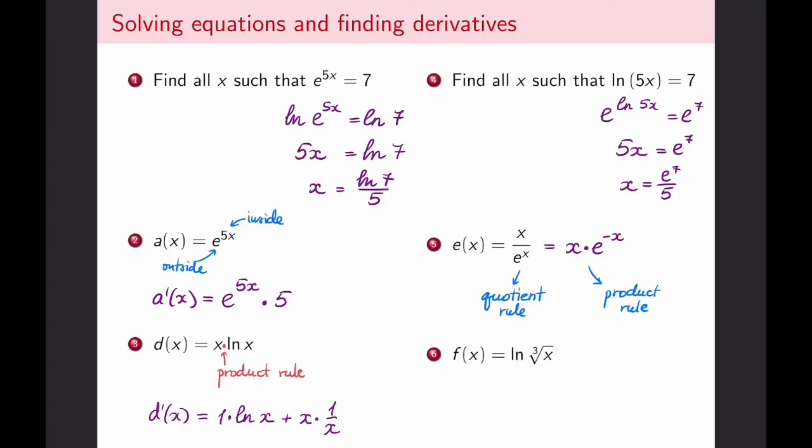Or, alternatively, what I can do is first of all simplify this function and then take a derivative. Now, what I notice here is that the inside is cube root of x, which is x to power 1/3. And then as per logarithmic rules, the power of the inside can come down to the front. So this expression is actually the same as 1/3 times ln of x.